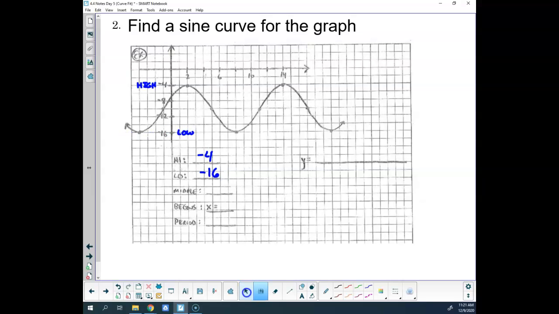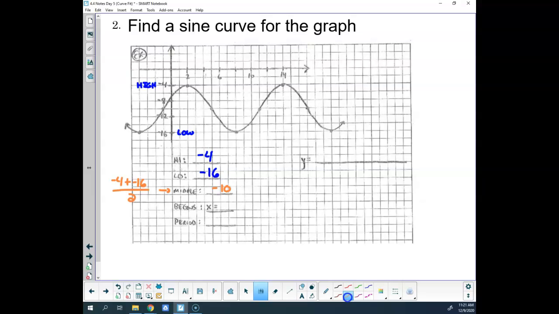How am I going to be able to find the middle? If my high is -4 and my low is -16, I'd average those two. My middle is -4 plus -16 divided by 2. -4 plus -16 is -20, and -20 divided by 2 is -10.